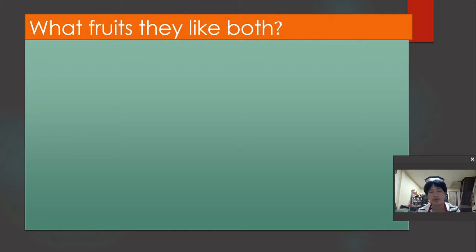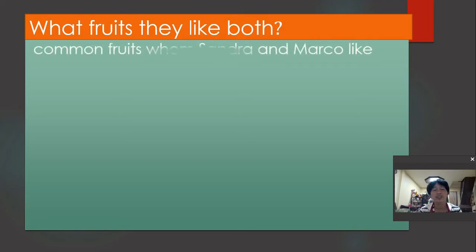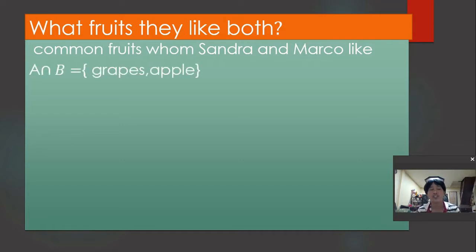That's a question for intersection. Or what are the fruits in which they are in common? These common fruits from Sandra and Marco are actually the question of intersection. That's set A intersection set B. Now the answer is a set whose elements are grapes and apple.